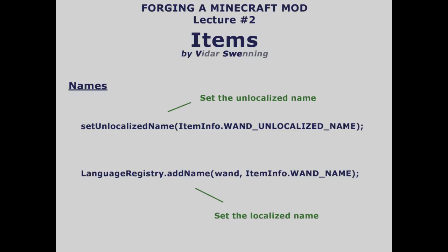If we have multiple names for one item, for subtypes for instance, we can override getUnlocalizedName with an item stack and return differently depending on the damage value of the item stack. But remember, then when we add the name, we have to refer to the item stack rather than just the item.